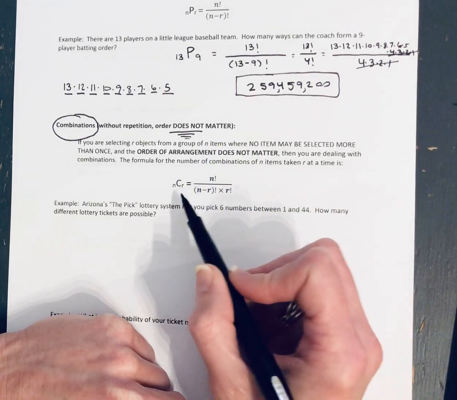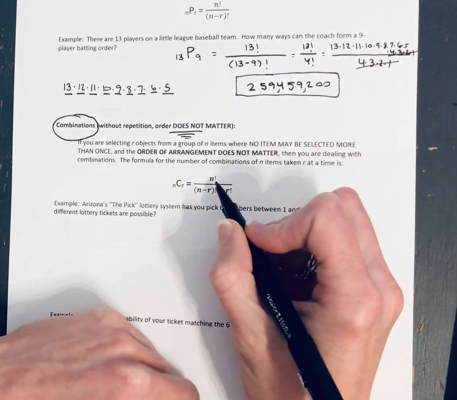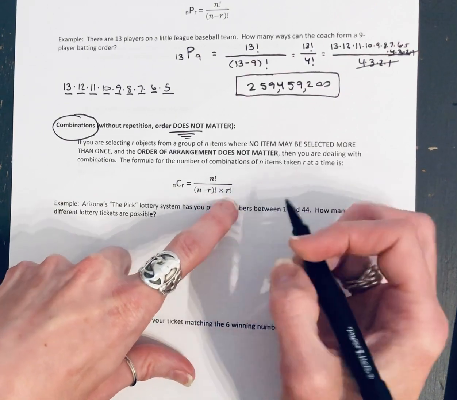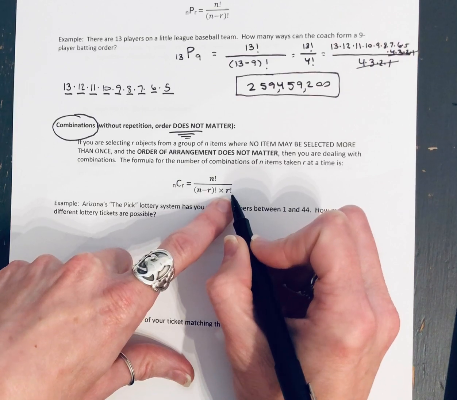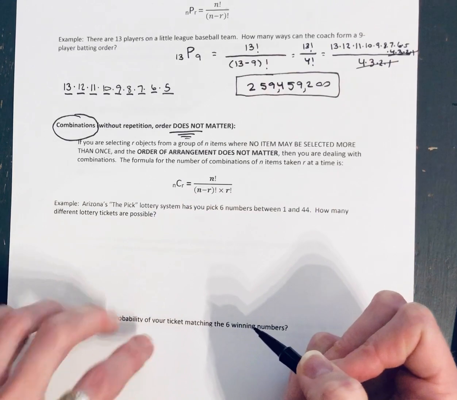And so if we do that, instead of using permutations, we're going to use combinations. So you'll notice the change is we also are going to divide out by any duplicates. So that r factorial here is going to pick up any duplicates that we had. So we're going to divide out by those.